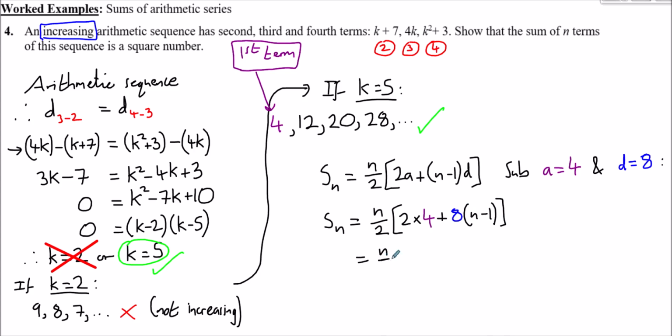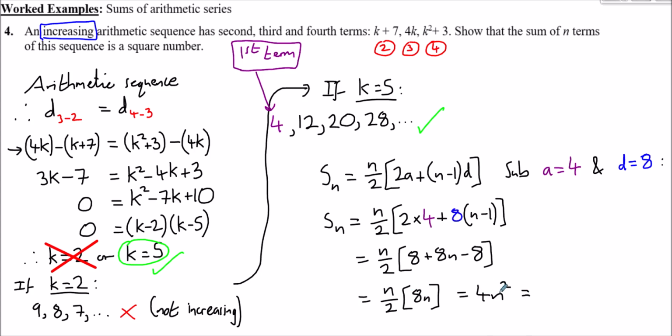So let's neaten this up. n over 2. 2 times 4 is 8. Then 8 times n is 8n, and 8 times minus 1 is minus 8. So the 8s in the brackets are going to cancel. So we have n over 2, brackets 8n. So if we multiply this out, n over 2 times 8 gives 4n, then times an extra n gives us 4n squared.